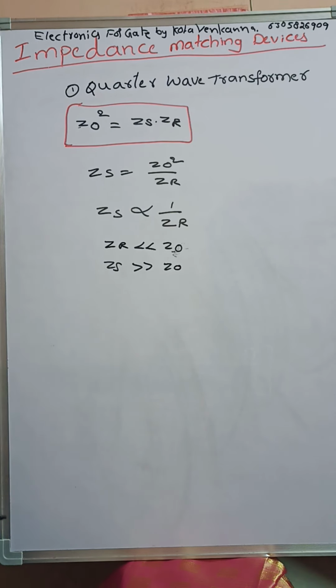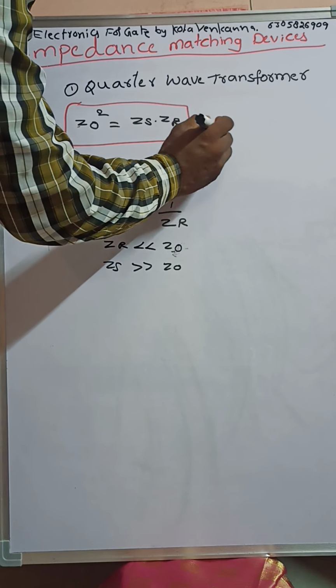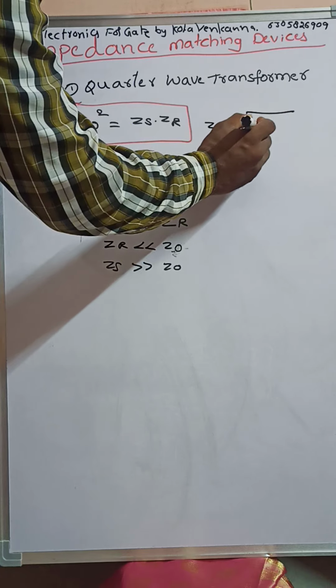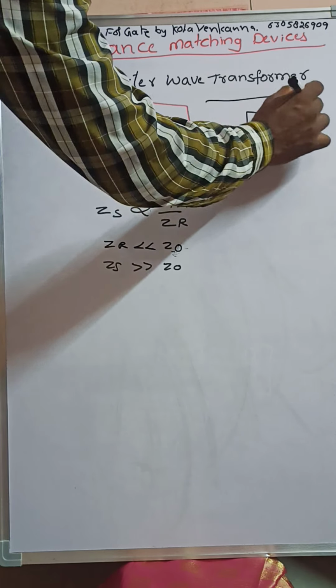That's why this quarter wave transformer is known as impedance inverter. From this equation, Z0 is equal to the square root of Zs into Zr.